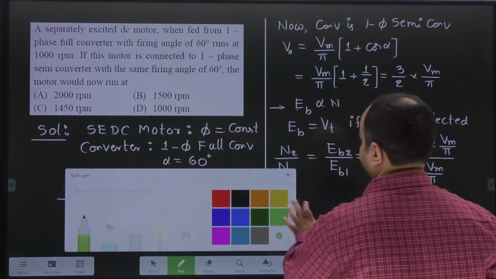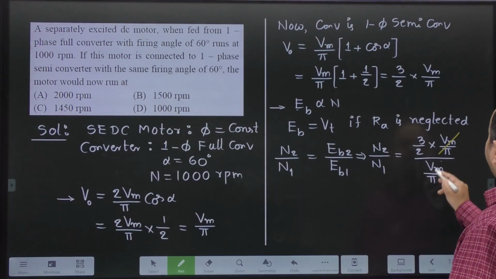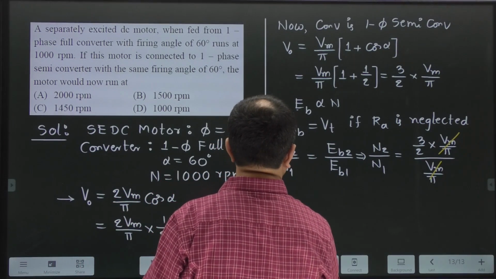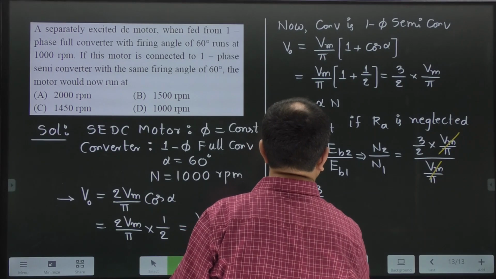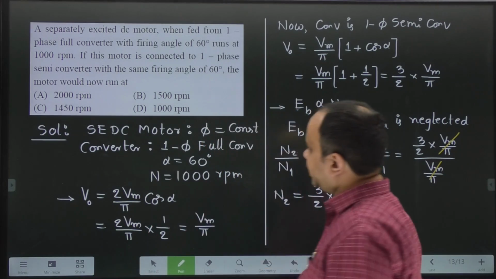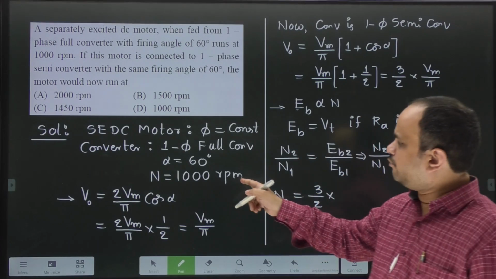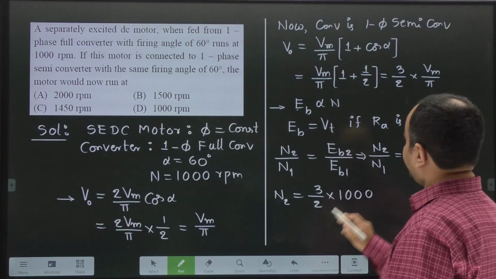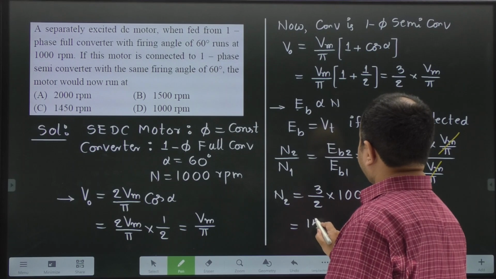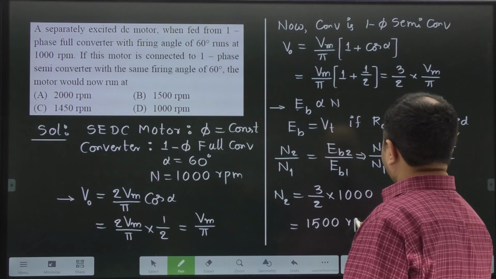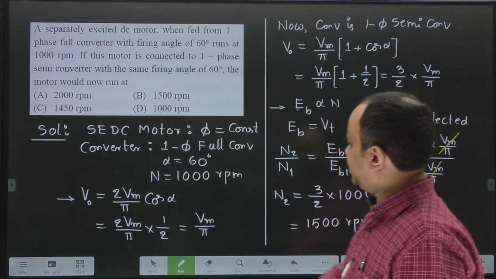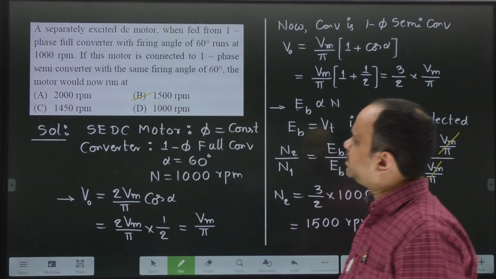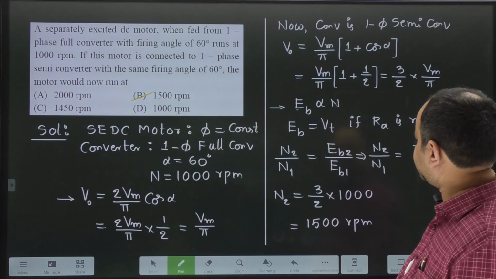So, you can cancel Vm by pi and Vm by pi, and then N2 is equal to 3 by 2 into N1, where N1 is the speed of the motor when it is operating with a single phase full converter, that is 1000 RPM. Therefore, it will give you 1500 RPM. So, option B is the correct answer.